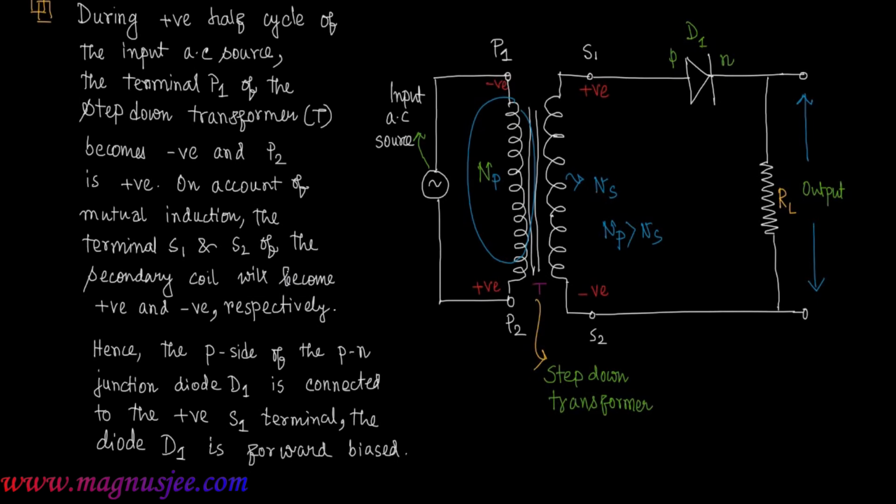Hence, what type of current will be flowing through this forward biased diode? Obviously, forward current I will be flowing, because this forward biased diode D1 offers very low resistance. This is forward current.